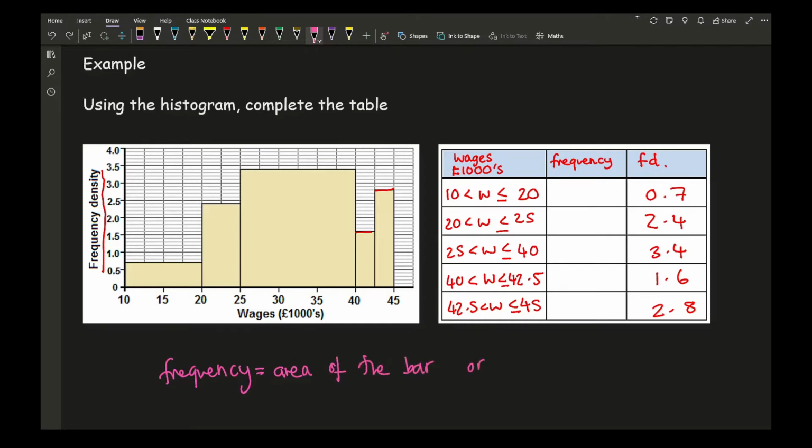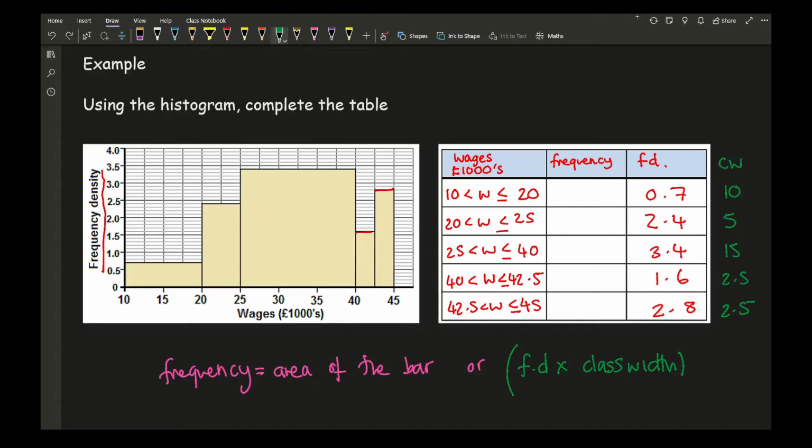Or you could use the actual formula, which is the frequency density times the class width. We've not mentioned the class width, so it's up to you which one you want to go for. If I write the class widths in green on the side of the table, that would be 10, 5, 15, 2.5 and 2.5.